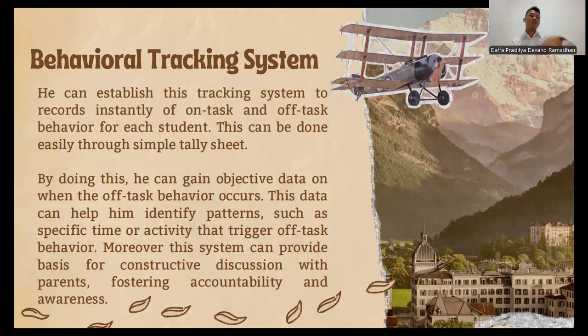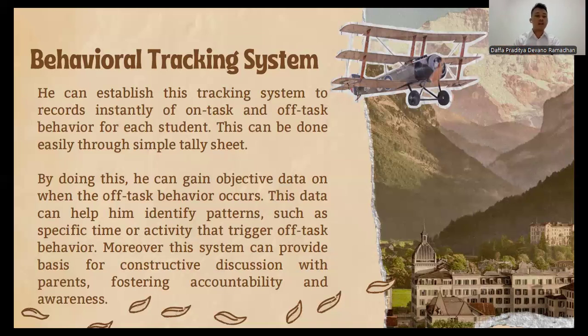So by doing this tracking system, we as teachers know when the students get their off-task behavior triggered, so we can change the pattern. When the students seem like they are about to go off task, then we can change the activity pattern so they don't easily get triggered.